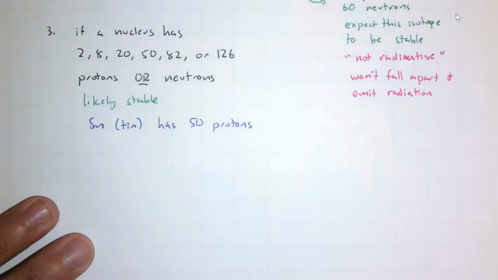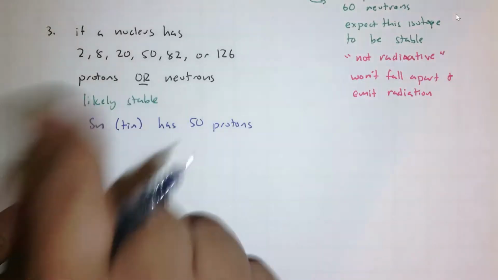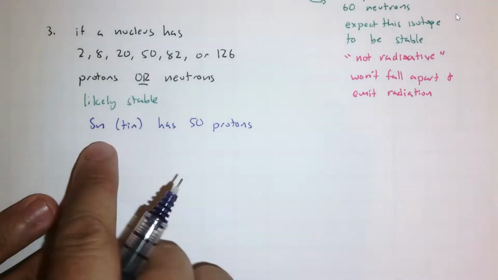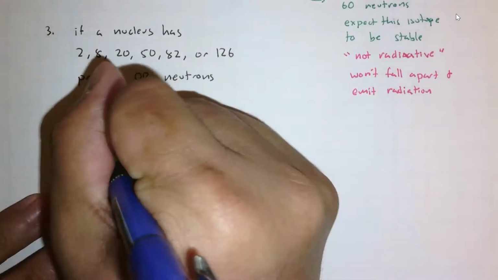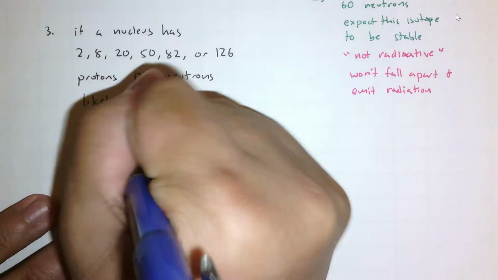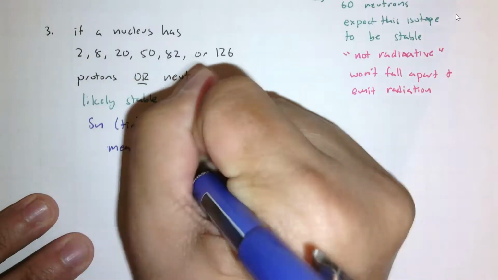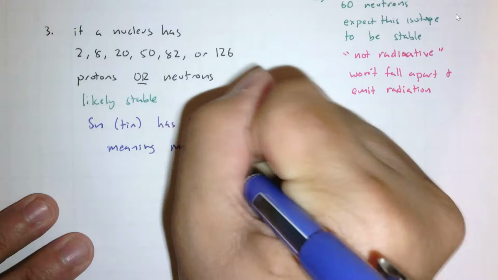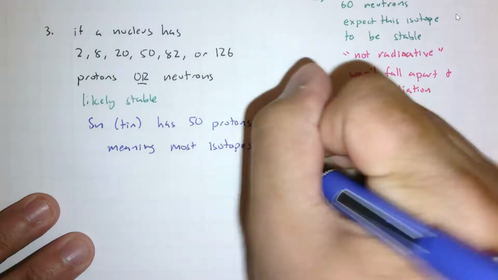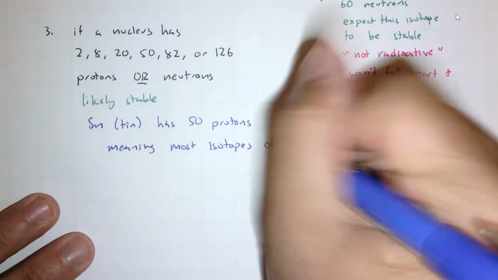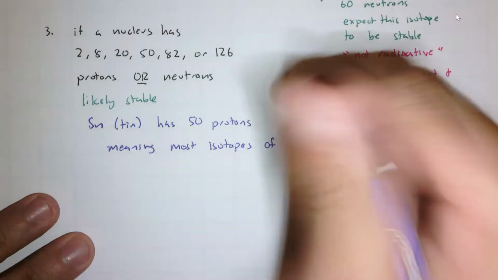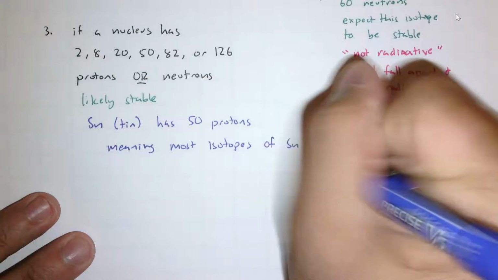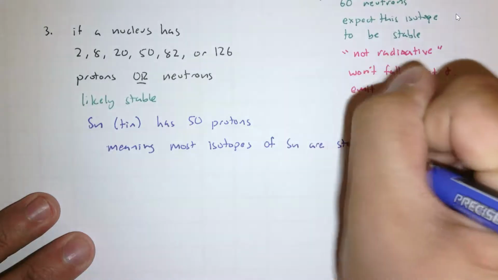What that means is that since it matches one of these numbers, any or most isotopes of tin will be stable. Meaning, most isotopes that can be obtained. Most isotopes of tin are stable.